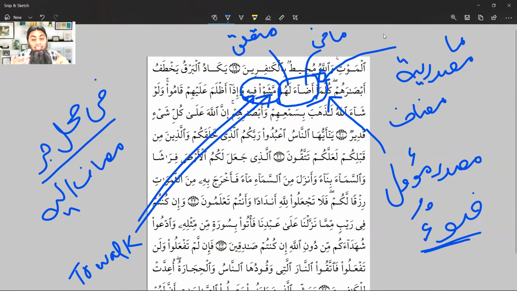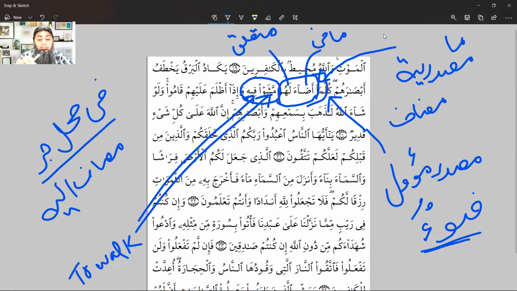So this sentence is actually playing the role of, you can say, maf'ul, in the sense that we have discussed the concept of jumla haliya. So basically because this sentence is playing the role of jumla haliya, and jumla haliya is in nasab status, yes, that's why it starts with kulla. Okay. Yeah. So that is the reason, brother.